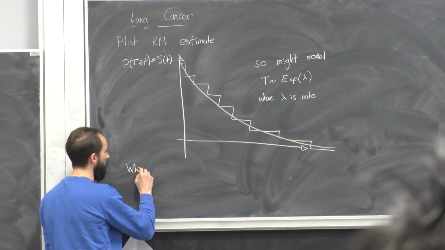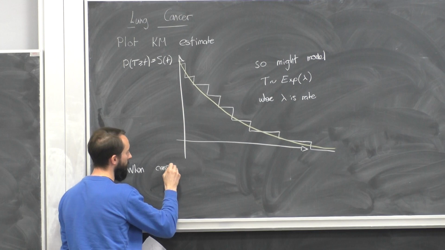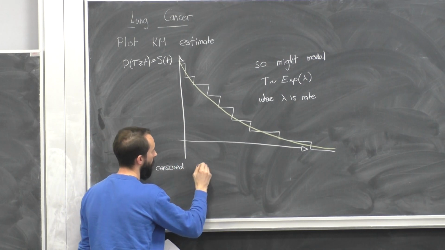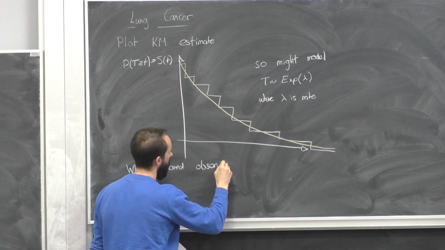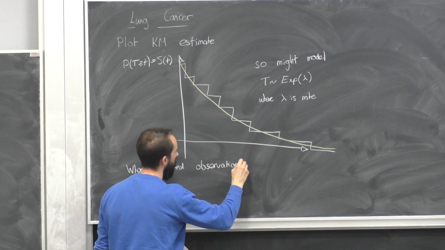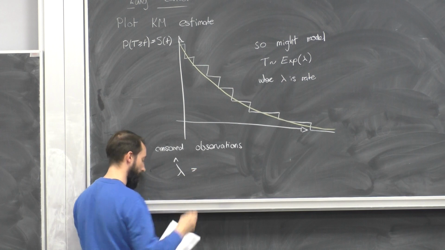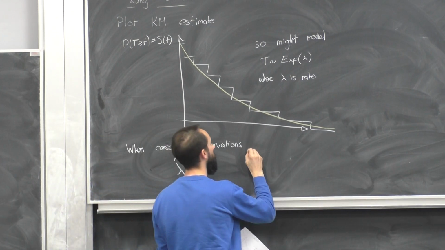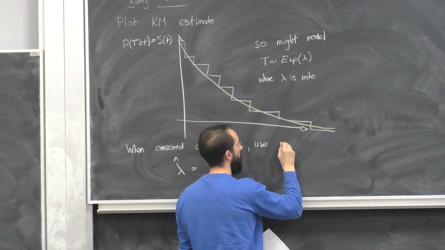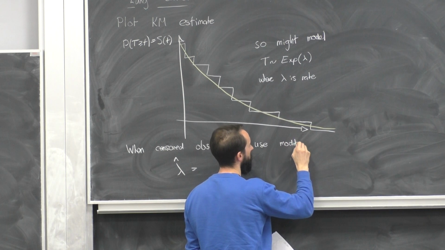Last time we worked out that when we have censored observations, if I want to get an estimate of lambda hat, we use my modified MLE.